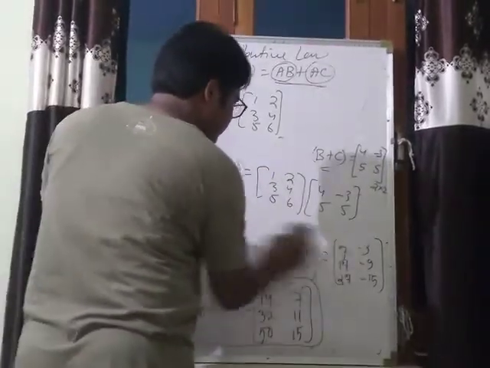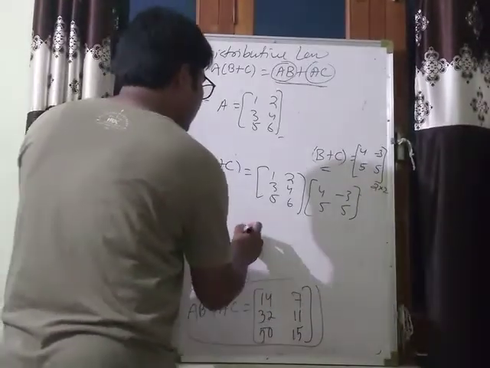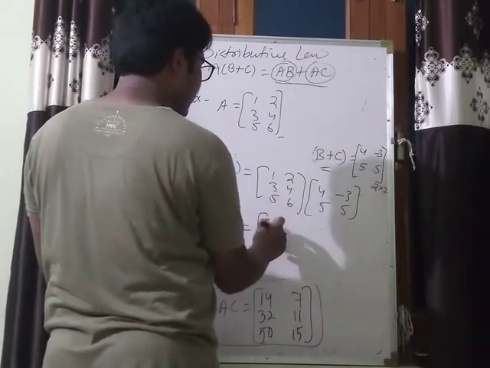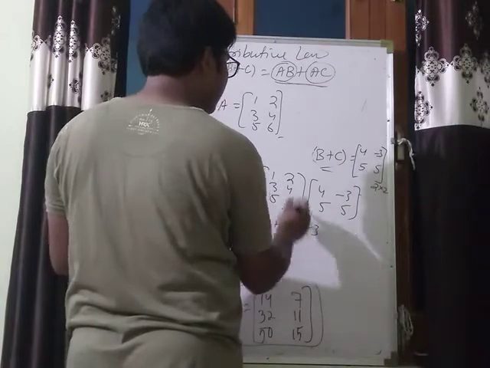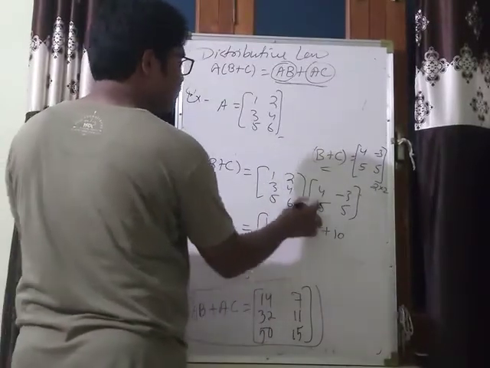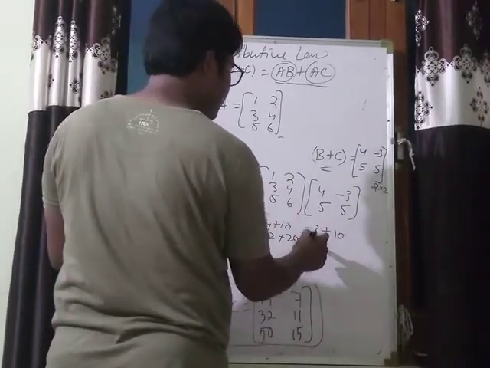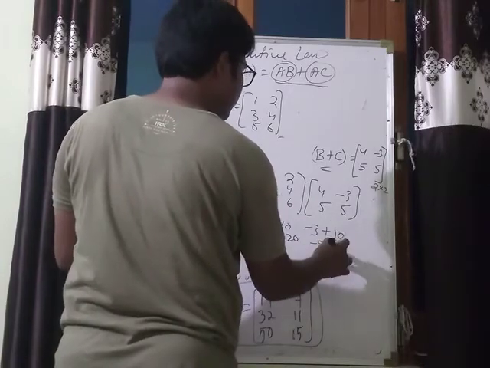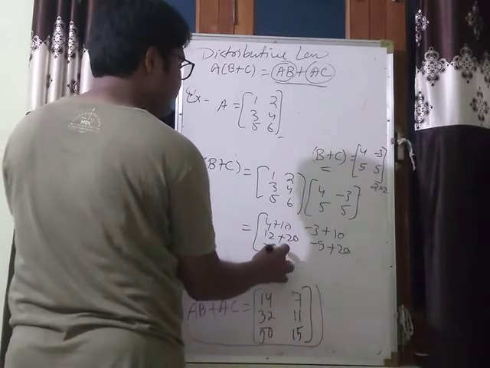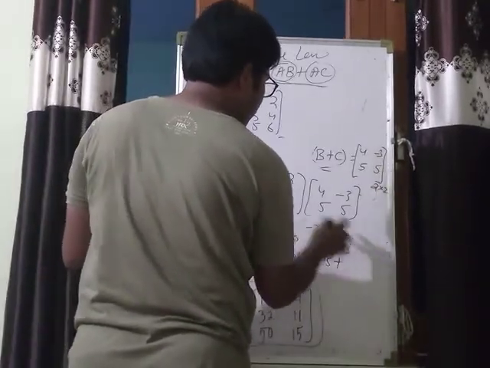So it will be equal to what? 1 into 4, 4, 2 into 5, 10, 1 into minus 3, and 2, this is plus 10. 3 4s are 12, plus 5 5s are 20, 4 5s are 20, and 3 3s are minus 9, and 4 5s are 20, 5 4s are 20, and plus 6 5s are 30, and 5, this is minus 15, and 6 5s are 30.